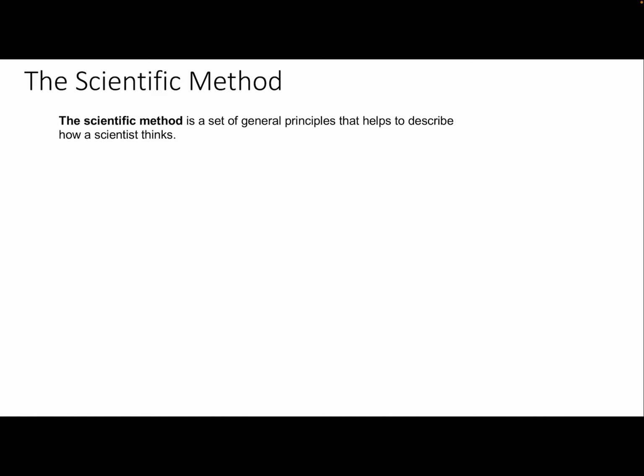Now, this is a set of general principles that actually helps describe how a scientist thinks. What I mean by these principles is for when you make observations, and observations don't have to be something you set out to do. Just sitting there, you're making observations about me, for example.